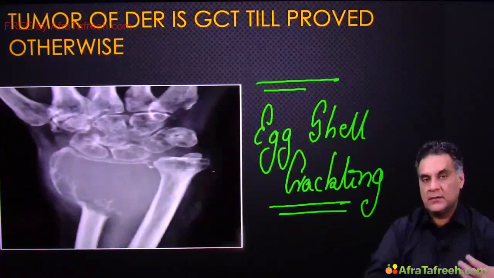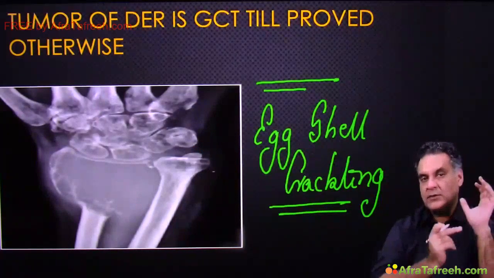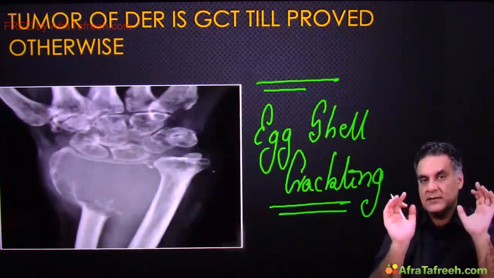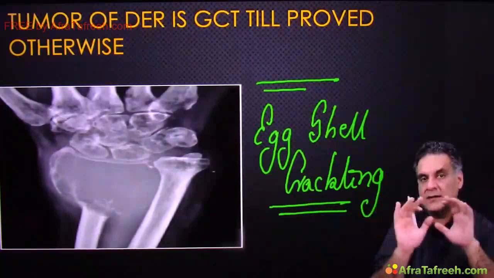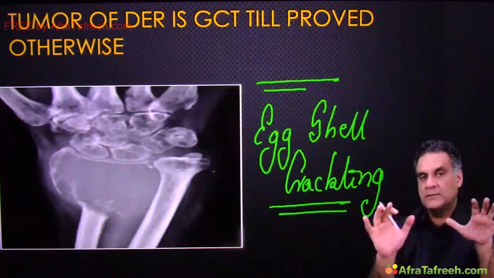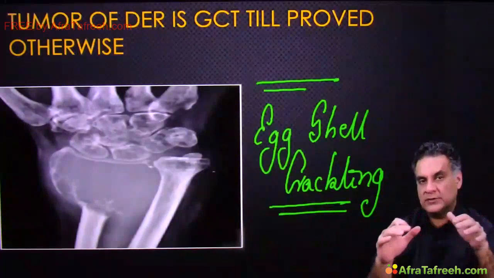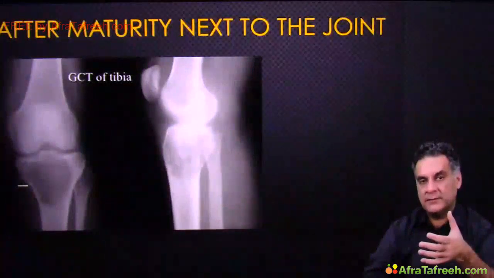This is one dictum you should remember. Tumor of the lower end of radius is giant cell tumor till proved otherwise. It's a rule, remember that. This is a tumor that goes till the end, with different examples.